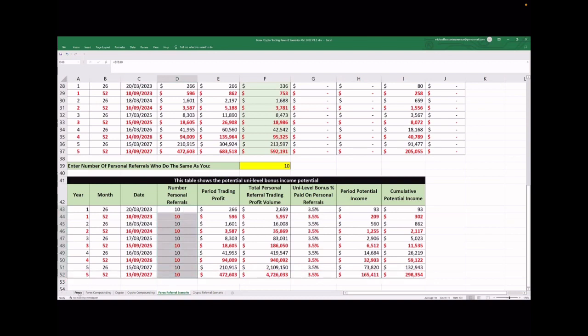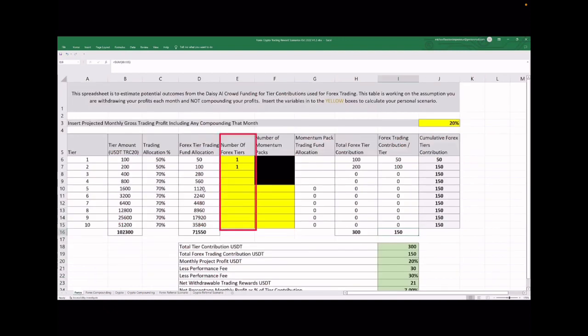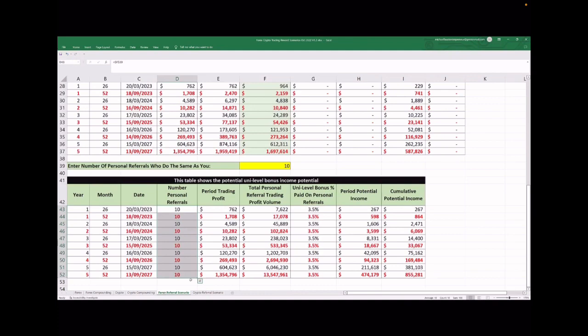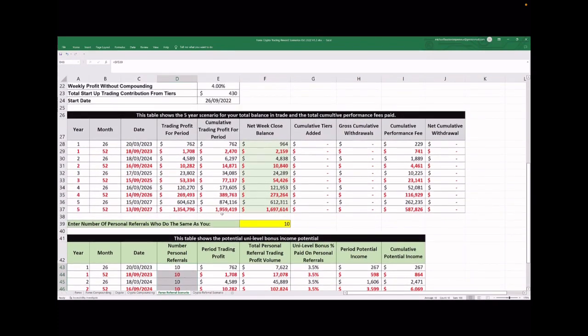But let's say that everybody upped their game a little bit and decided to go to tier 3. So we add that in. Go back to Forex referral scenario, and we see that your closing balance at the end of year 5 is significant.